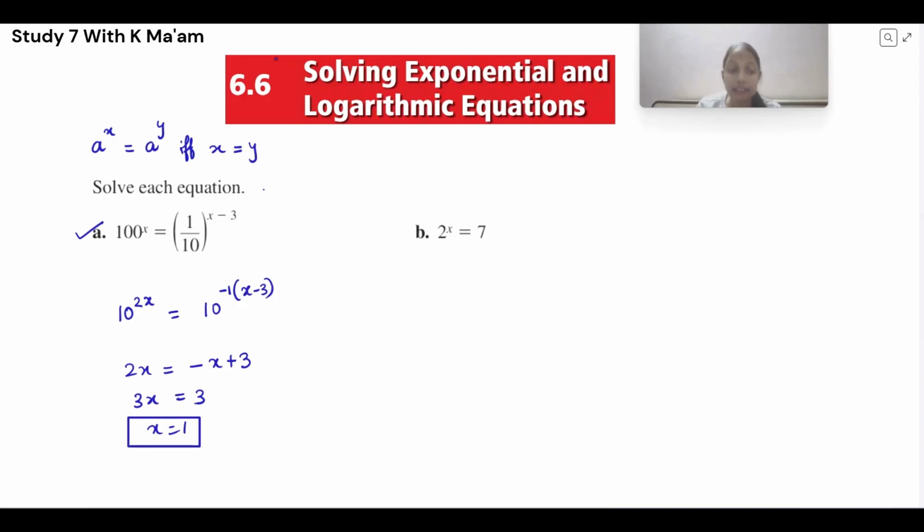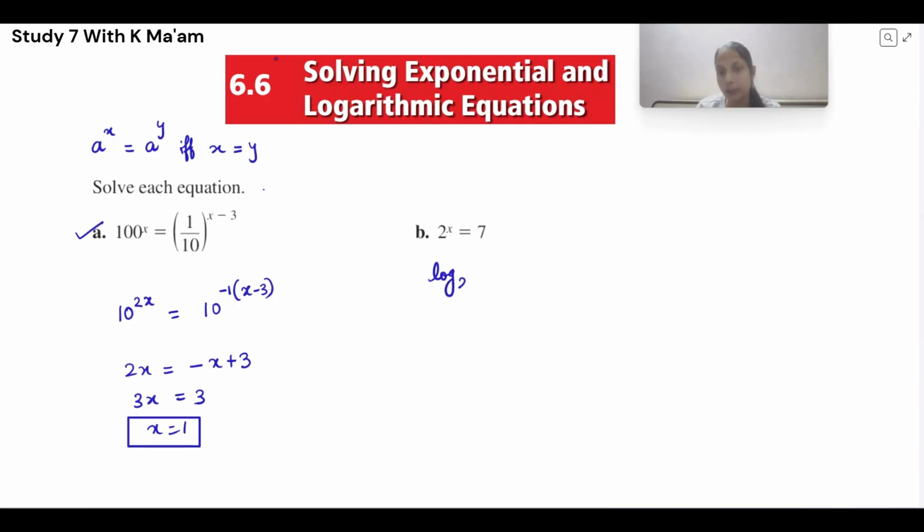Okay. Here, 2 power x is 7. We learned how to convert exponential into logarithm and how to convert logarithmic into exponential. So we have to just convert it. I'm writing by taking log with the base 2 on both sides.